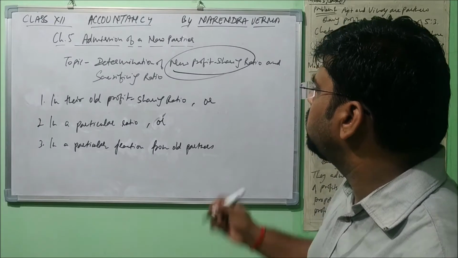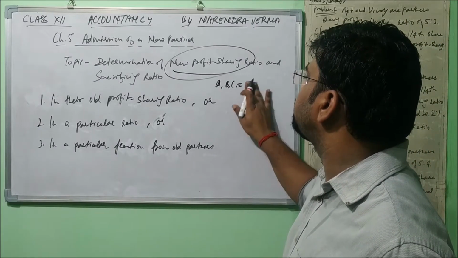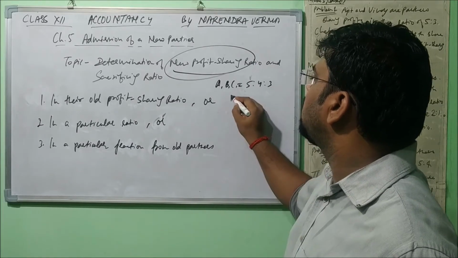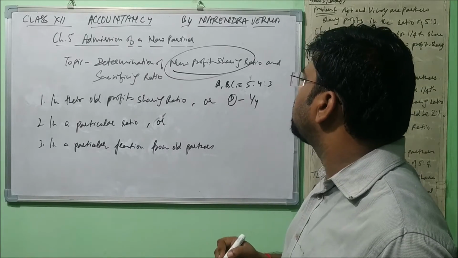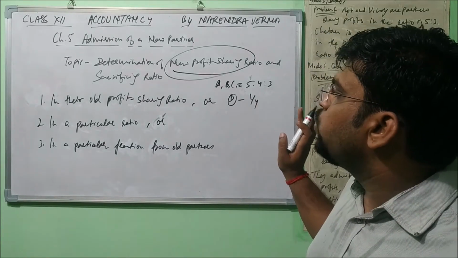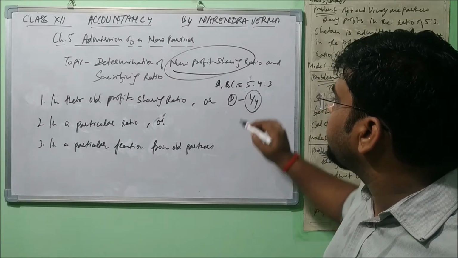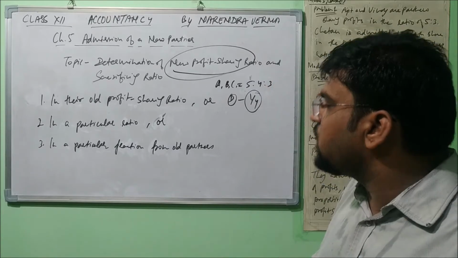I'll explain it to you: like A, B, C are partners and their sharing ratio is, for example, 5, 4, 3. Now new partner D comes for 1/4 share, say for example. In this condition we consider that he is getting this 1/4 share from the old partners in their old profit sharing ratio. What does it mean in actual?